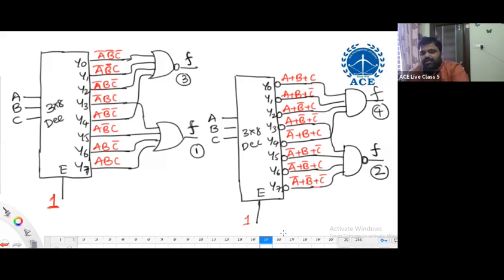Anand, it is not required to consider all. I'm not saying that you need to implement all. One is sufficient. Of all these 4, you can implement any one, because all these 4 expressions give the same functionality.